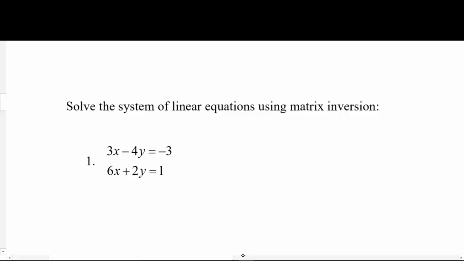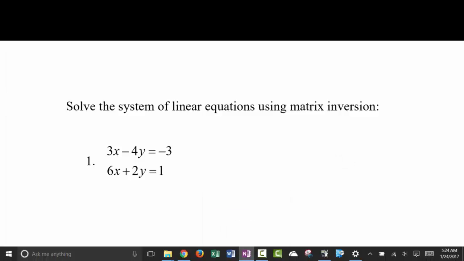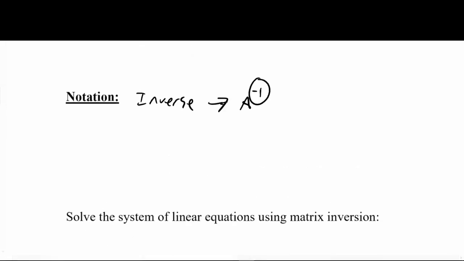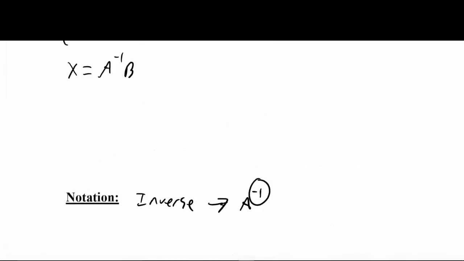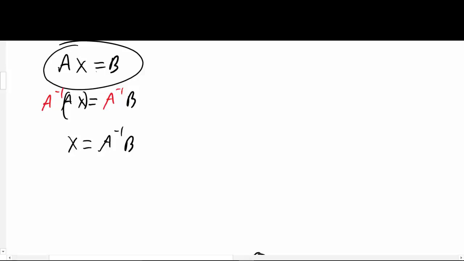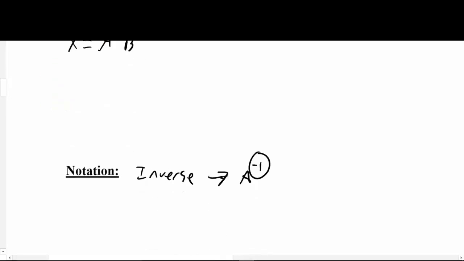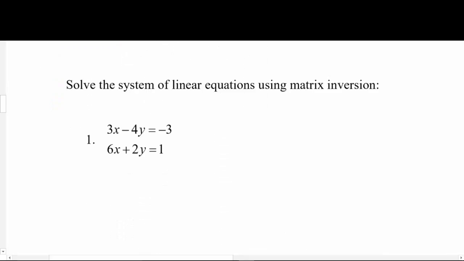So first, I want to take this and write it in something that looks like that. I'm going to write it in what's called AX equals B form. Just follow along. Usually I do one of them and students immediately pick up what's going on here.